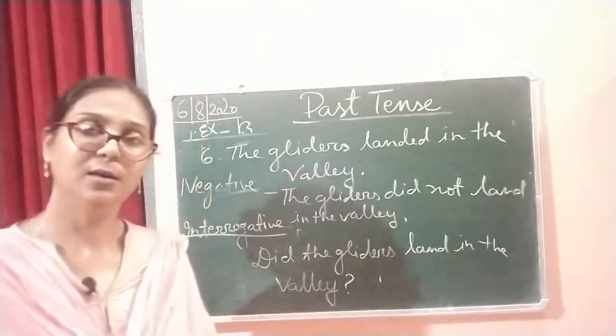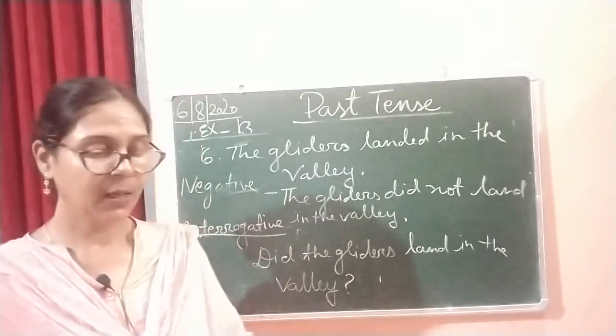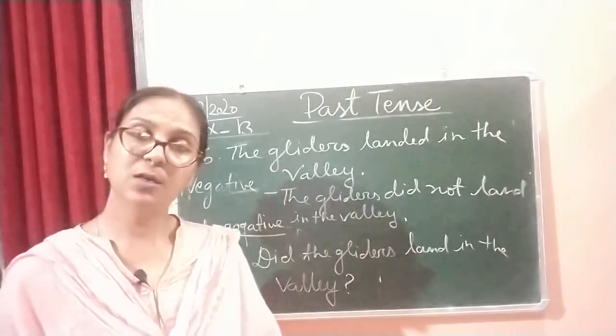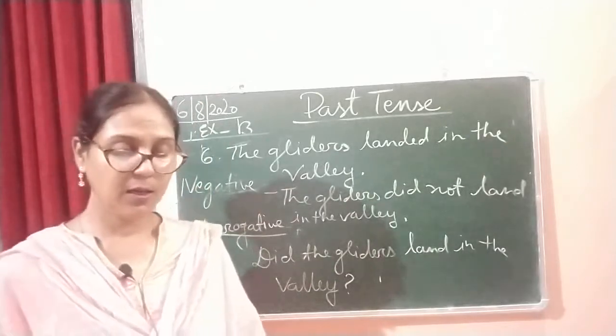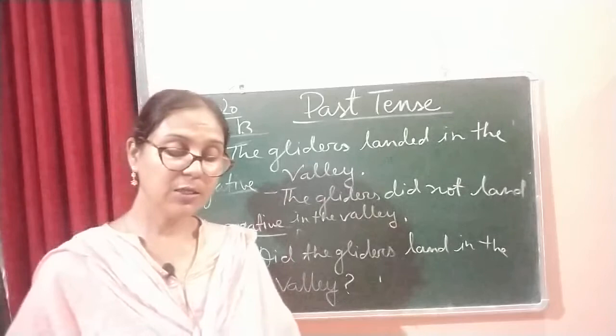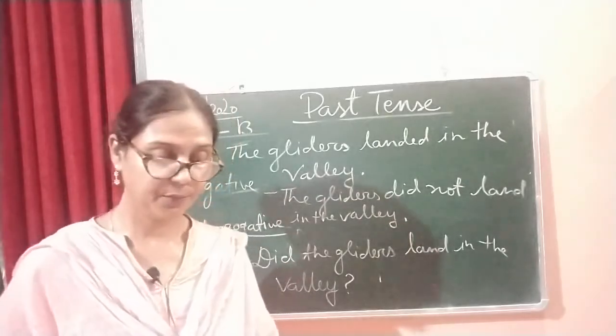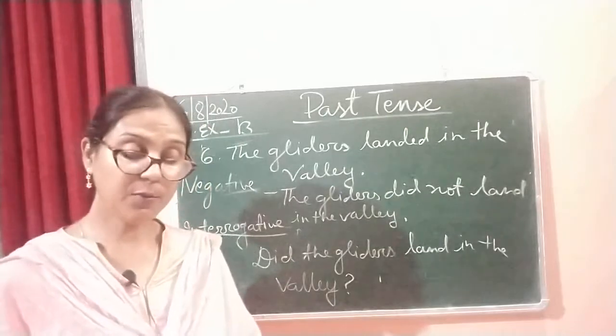Now some examples are given in your book also. He swam to the shore. This is an affirmative sentence. In negative, he did not swim to the shore. In interrogative, did he swim to the shore?